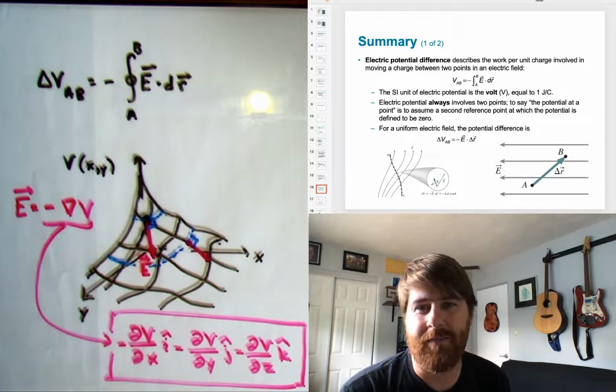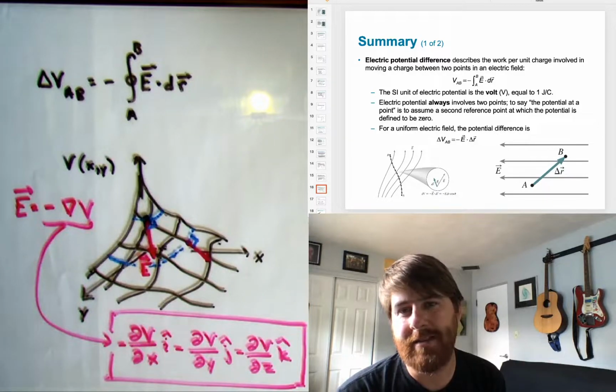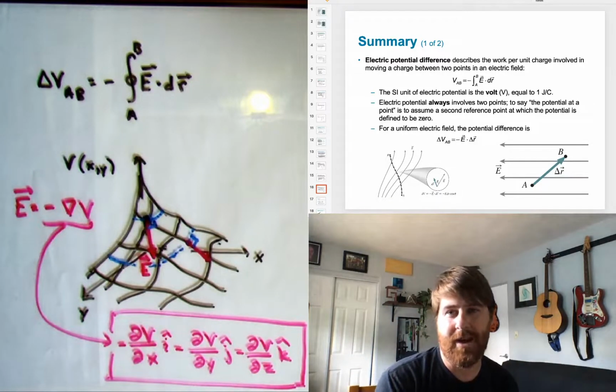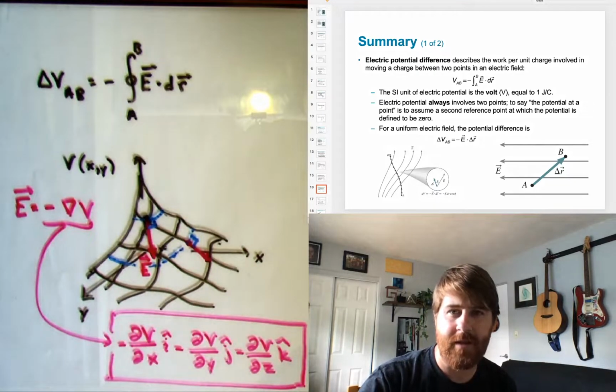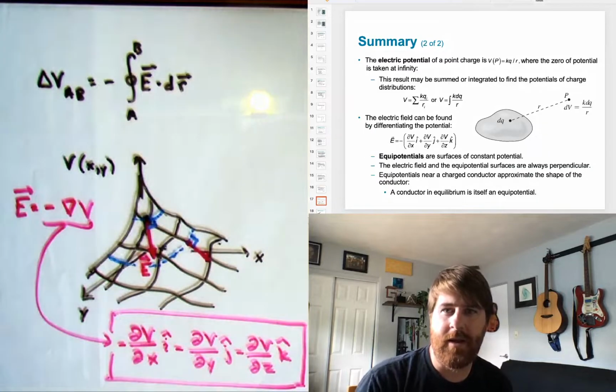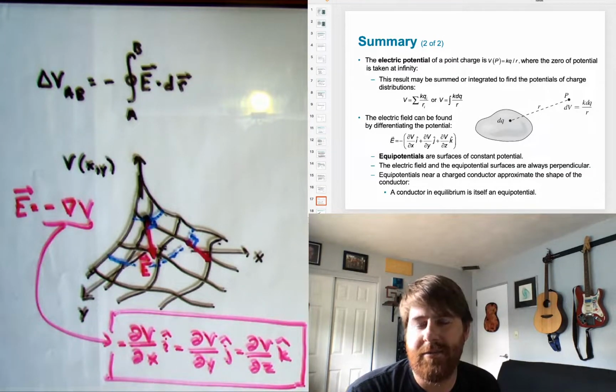Anyway, for a uniform electric field, the potential difference delta V_AB is minus E dot product with the displacement delta r. So if we have a continuous object, we can find the potential due to that continuous object, taking the potential to be 0 at infinity.